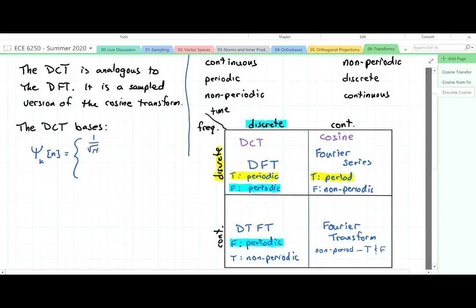One over the square root of n, k equals 0, and 2 over the square root of n, cosine, I don't know if I left myself enough room, n plus 1/2 for k equals 1 up to n minus 1.